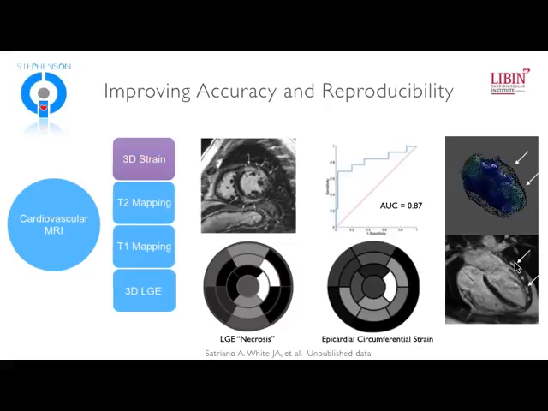able to study this. The first is looking at 3D strain analysis of cine images, and this is some of the work that's been done here, which is looking at the novel concept that if you think about myocarditis as a predominantly subepicardial process that's working its way from the outside in, then we have the potential for CMR to be able to look at tracking of the epicardial surface in addition to the endocardial surface.